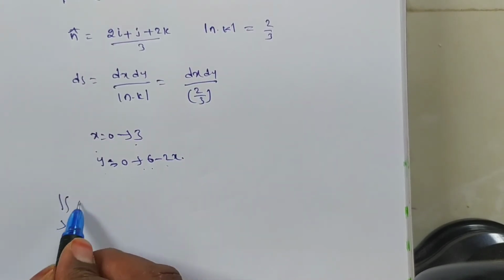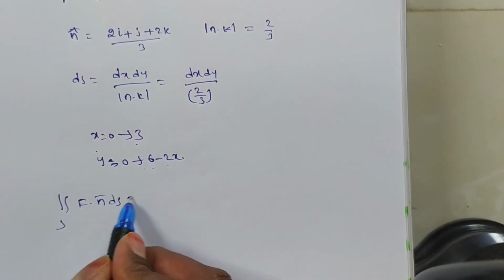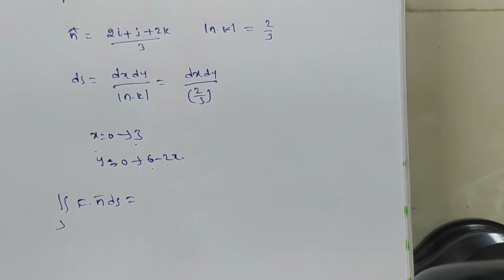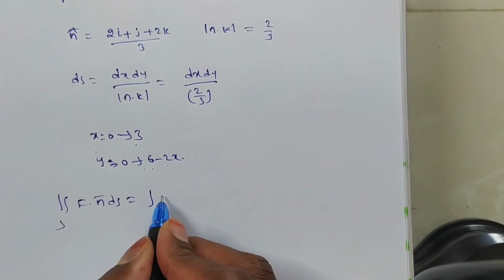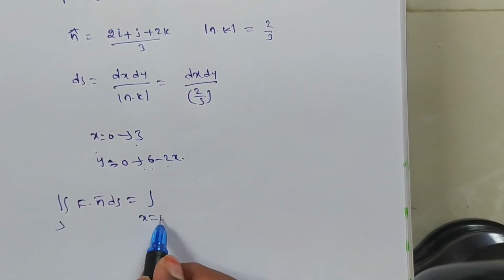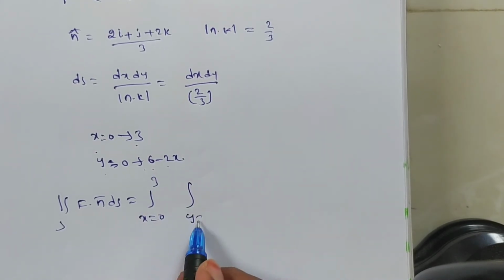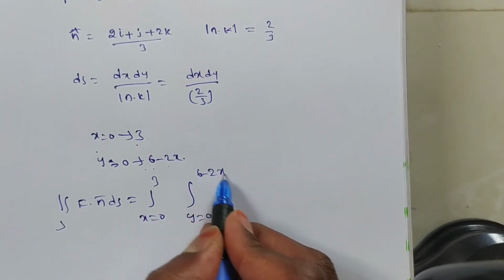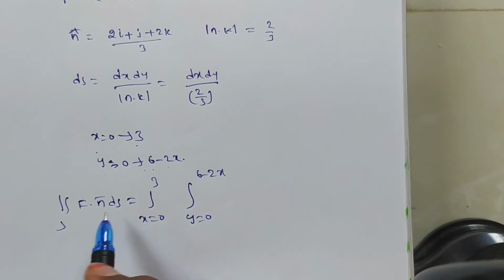Now the double integral over S of f bar dot n bar ds is equal to the double integral. First write the x limits 0 to 3, then the y limits 0 to 6 minus 2x. Now f bar dot n bar ds.